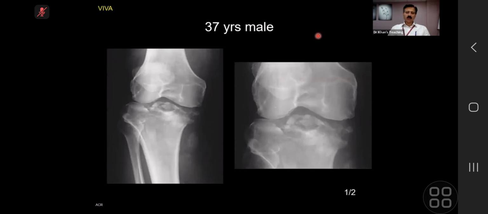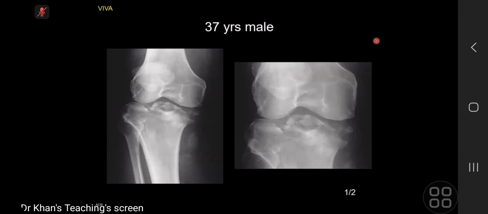So now, what do you think is happening? Over to you. This is a radiograph of a knee in a 37-year-old male patient. There appears to be bone destruction, degeneration of the joint, loss of joint space, debris with increased density of the bone.